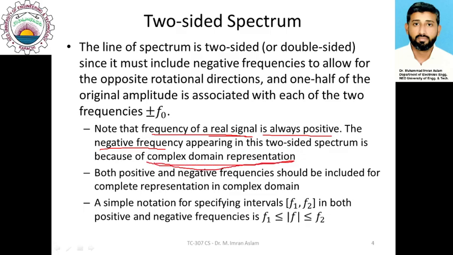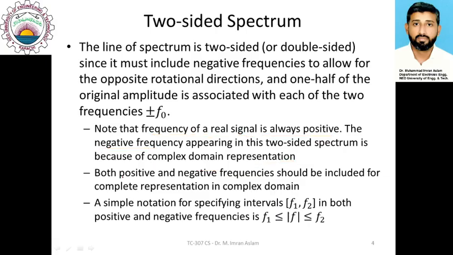We are not using a real domain representation. So we are trying to represent a real signal in a complex domain, and because of this representation of the real signal in complex domain, we get a negative frequency component as well.